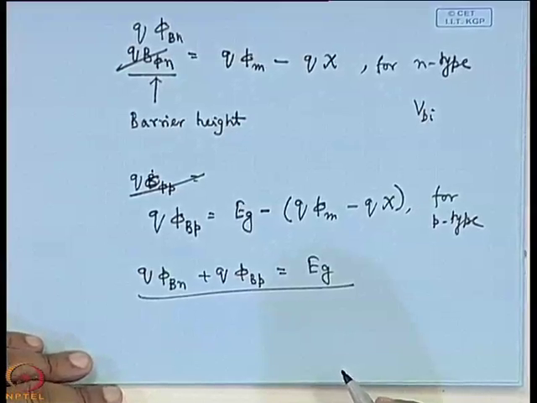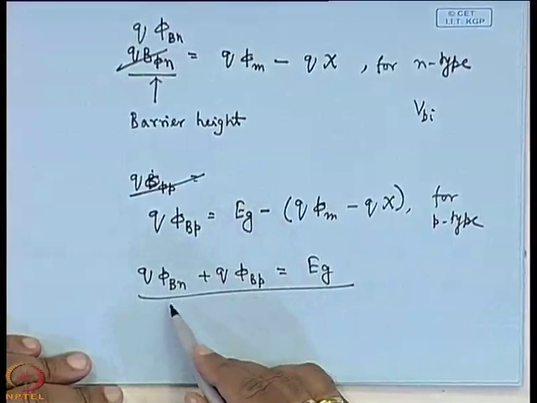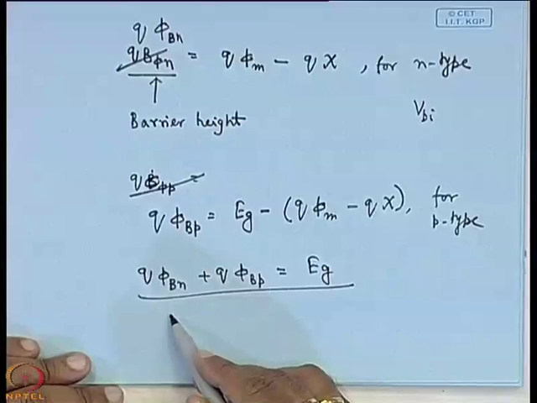So, that means if you know the band gap and the barrier height for the n type silicon, then for p type silicon the barrier height can be easily determined. Just subtract the value of the barrier height from the band gap of silicon.